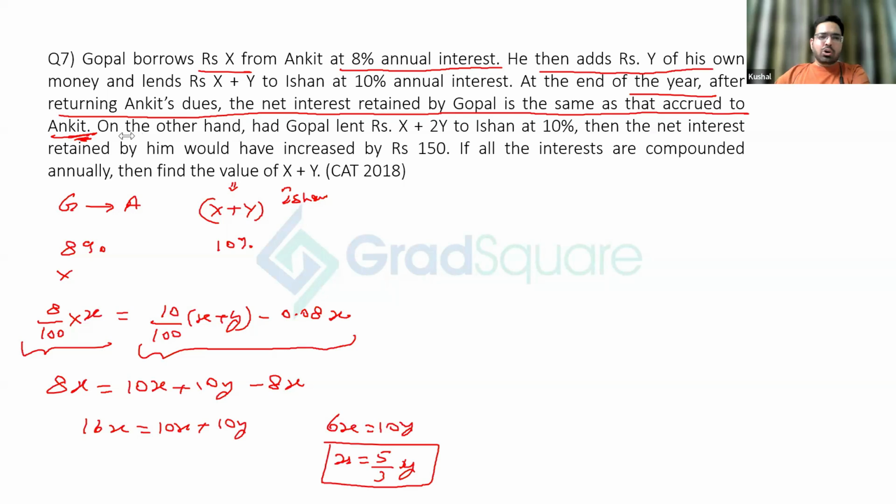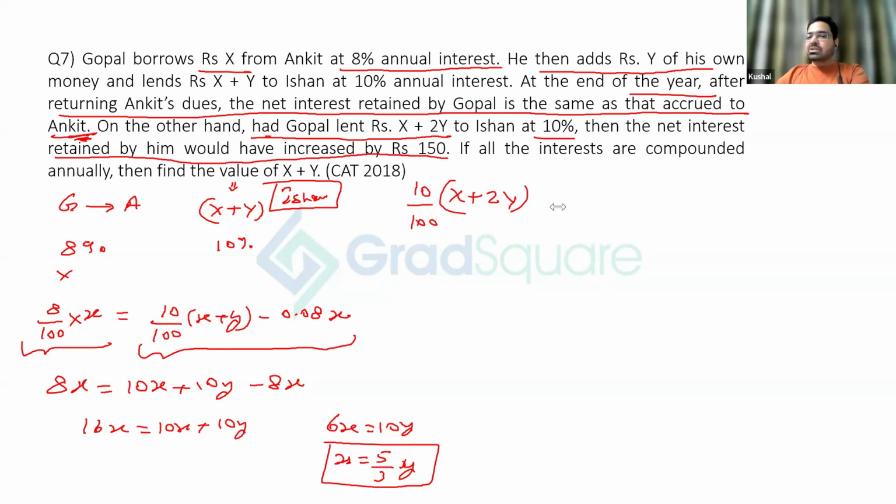Clear? Now go further. On the other hand, had Gopal lent X plus 2Y to Ishan, when he was lending X plus Y earlier, had he done this at 10%, then the net interest retained by him would have increased by rupees 150. So what was the net interest retained by him?